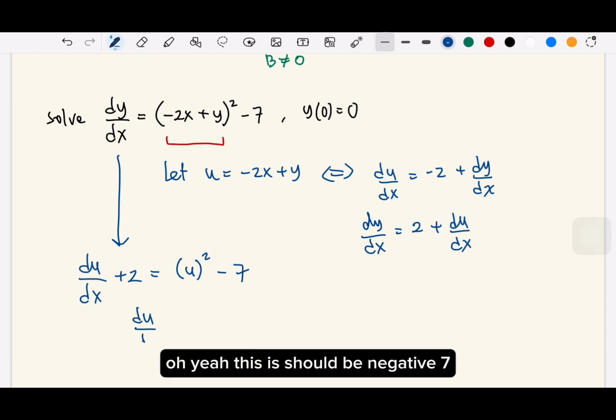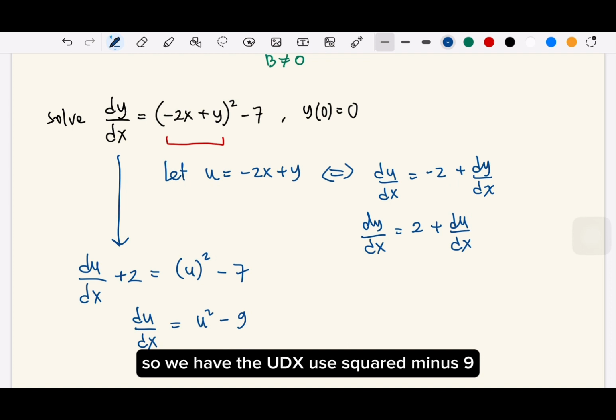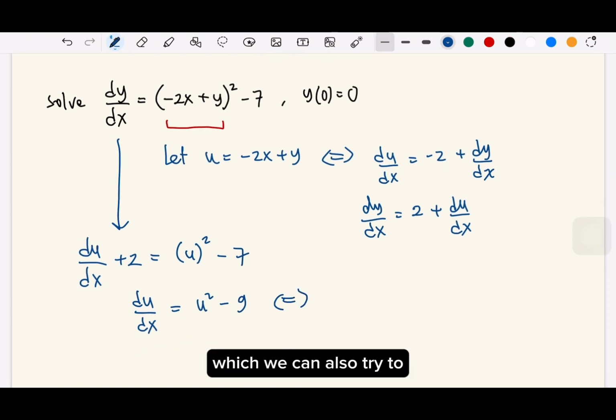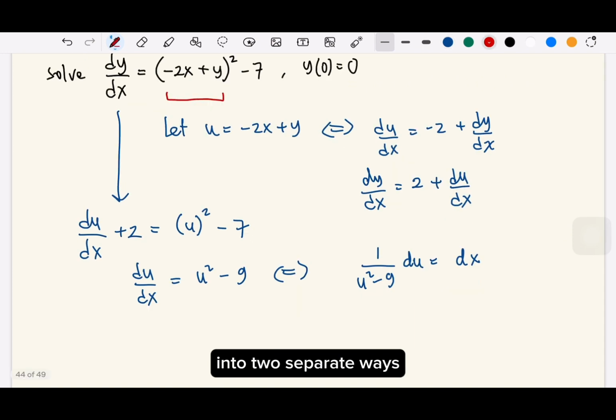Oh yeah, this should be negative 7. So we have du dx equals u squared minus 9, which we can also try to separate into du and dx on two separate sides.